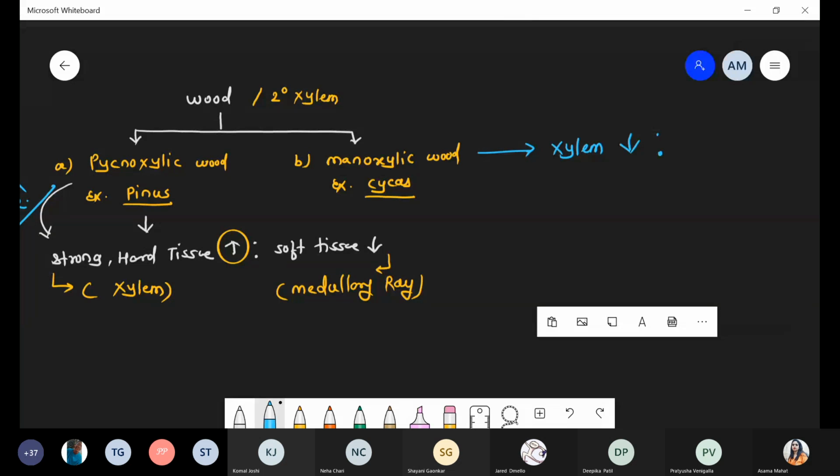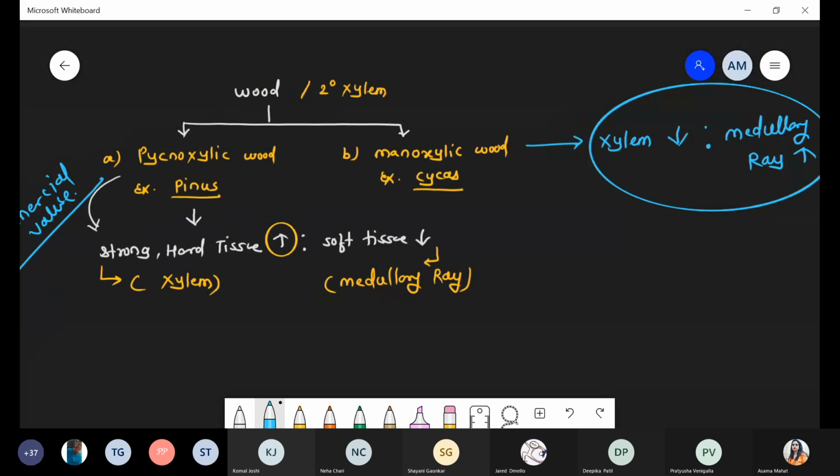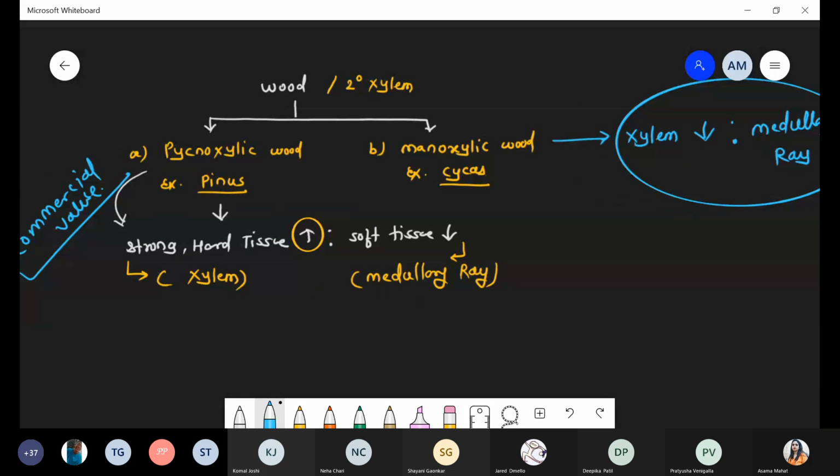So xylem is low and medullary rays are present in high amount, and that's why these are soft wood, not commercial wood, because the concentration of soft tissue is more. So ultimately they are never used commercially. The condition in manocyclic wood is exactly the reverse of pycnocyclic wood.